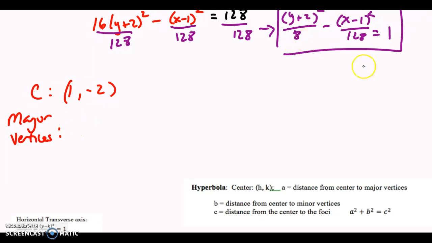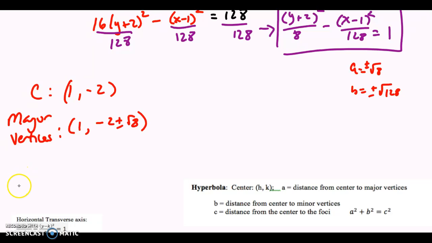So notice, first of all, that the a value is going to be the square root of 8, plus and minus. The b value is going to be the square root of 128, plus and minus. So my major vertices are going to be 1, comma, negative 2, plus and minus the square root of 8.